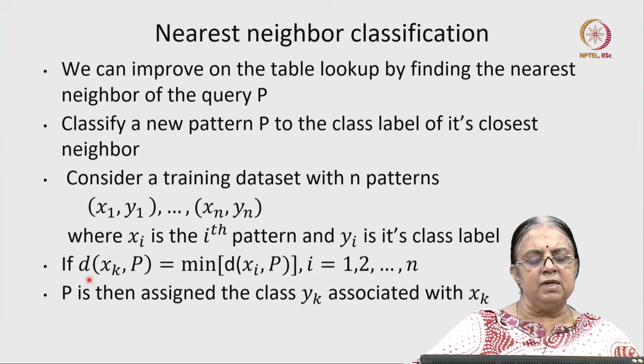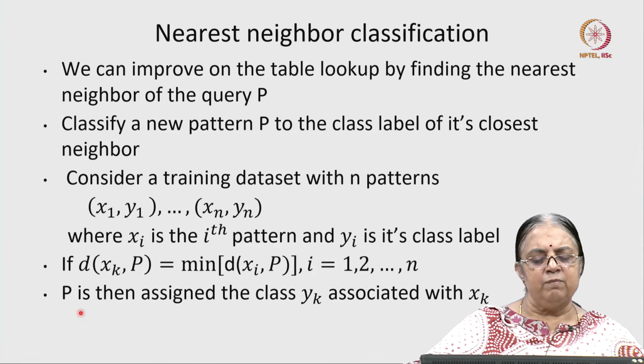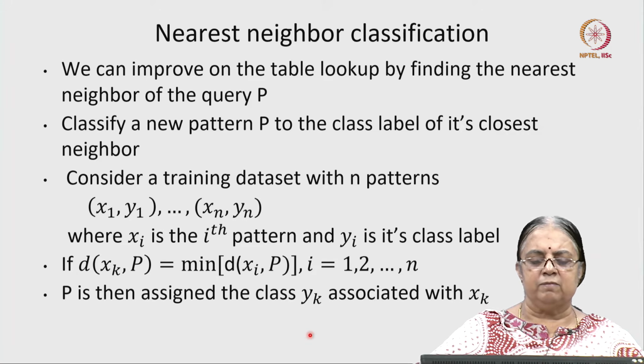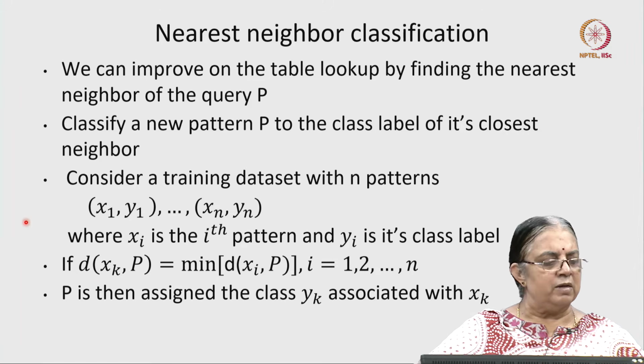Suppose d(xk, P) is equal to the minimum distance, then you assign P to have the class label yk, which is associated with xk. So, this is your nearest neighbor algorithm.